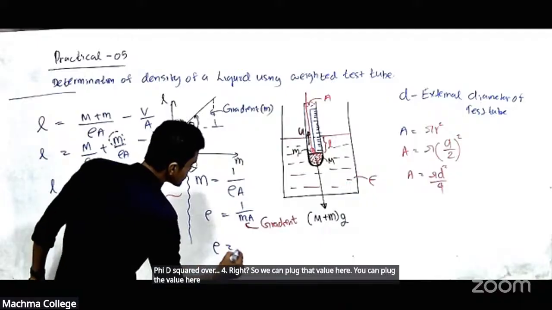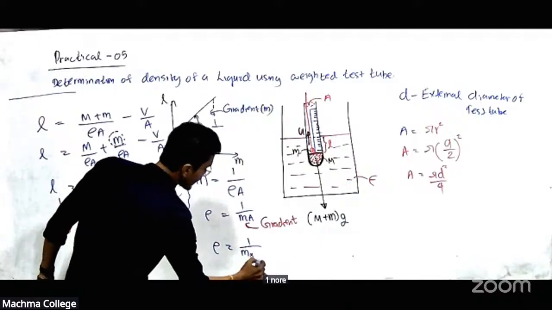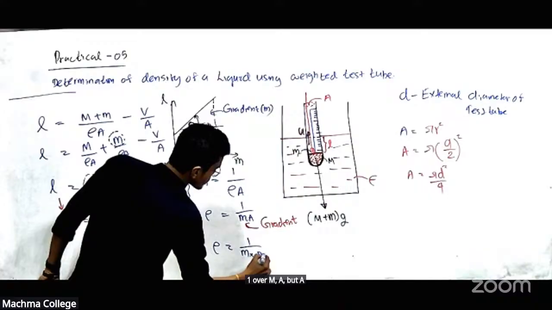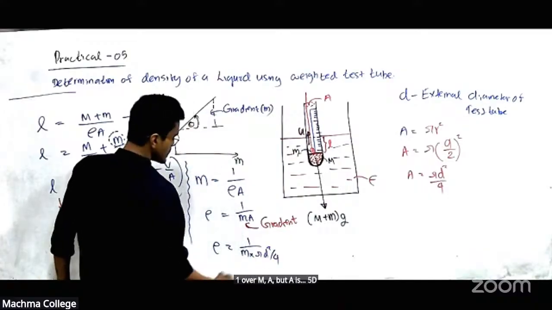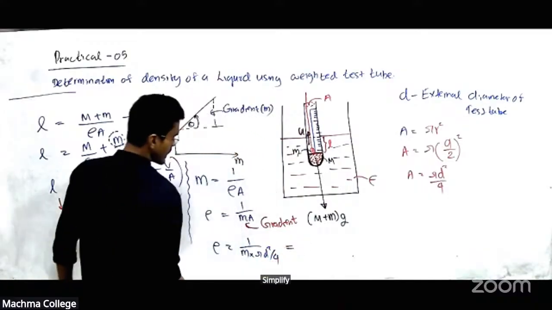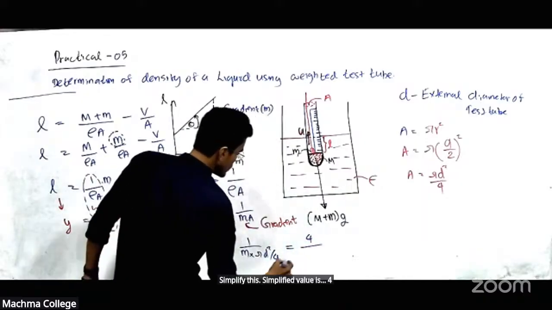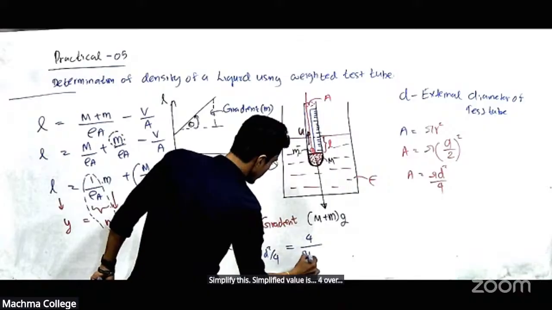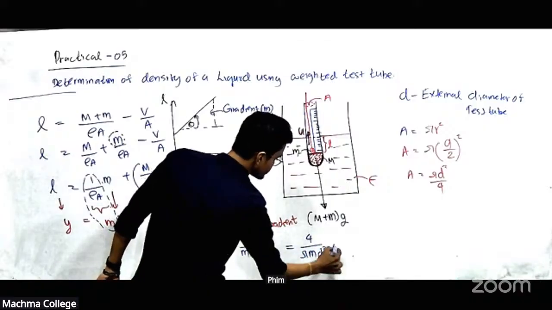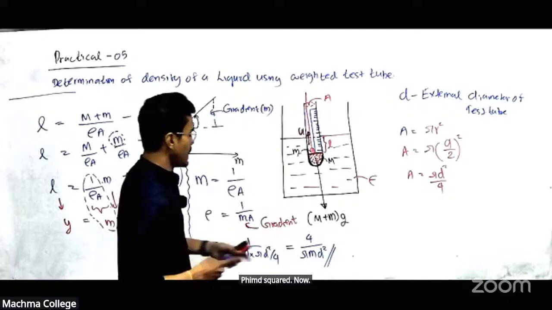So rho is given by 1 over M A, but A is pi D squared over 4. Simplified, the value is 4 over pi M D squared. Now, M is the gradient.